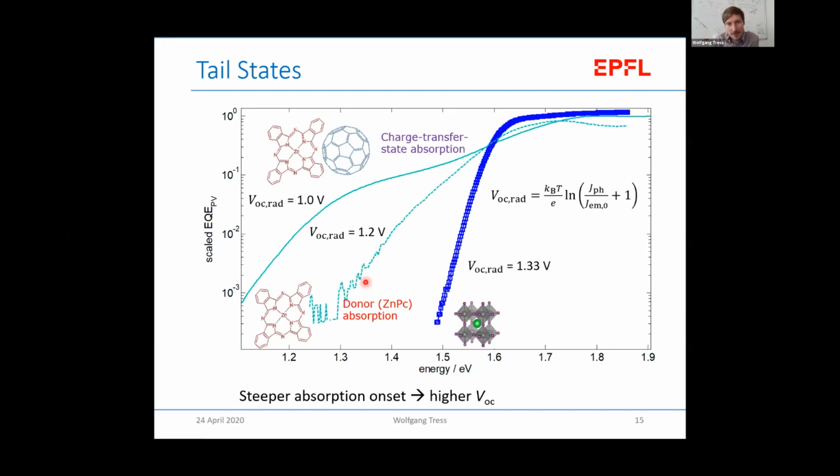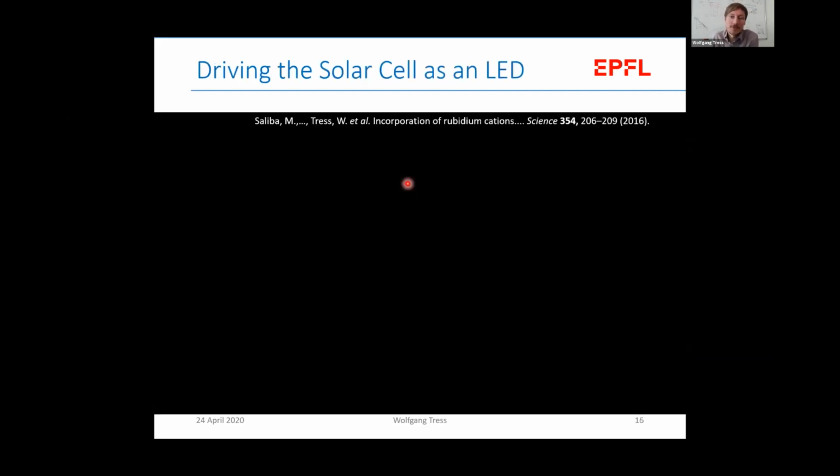The reason for these tails usually is related to disorder, for example. So there is not much disorder, at least resulting in electronic states in this material. And if you make a donor acceptor junction, for example in the organics, you get an additional absorption and emission feature due to the charge transfer state, which we don't have in the perovskites.